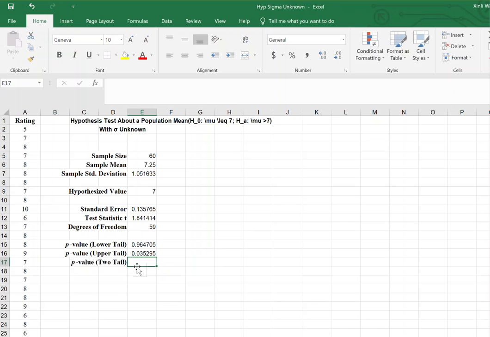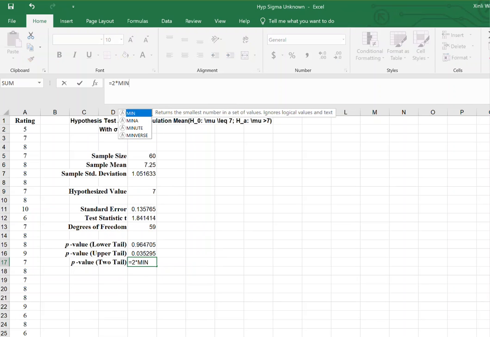And if we're doing a two-tail test, it's going to be 2 times the minimum value among this guy and this guy.